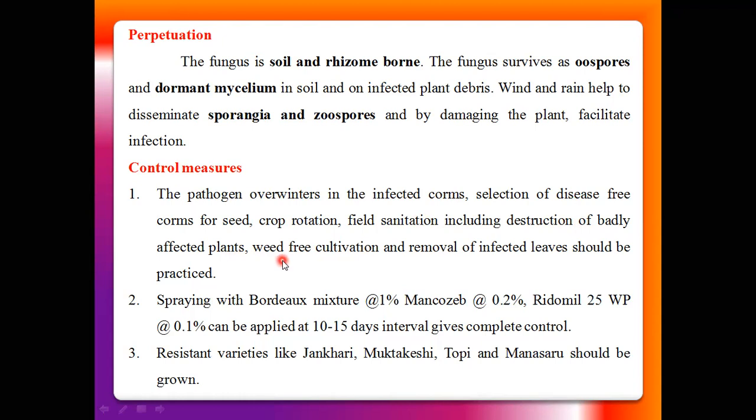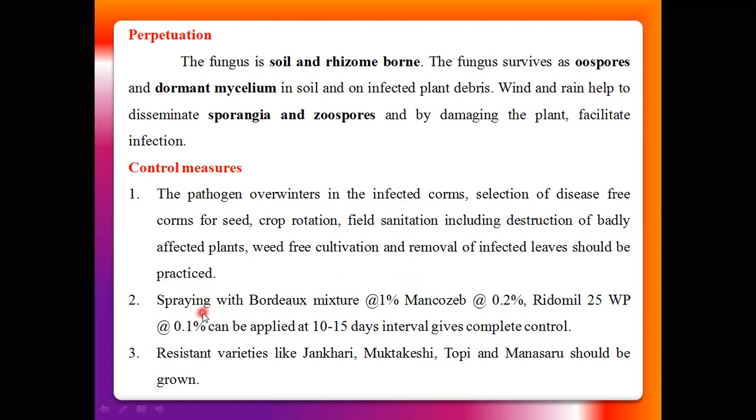Then eradicate the weeds present in the fields or on the bunds of the fields. Then removal of the affected leaves should be practiced, to avoid the primary and secondary sources, by means of cultural practices.